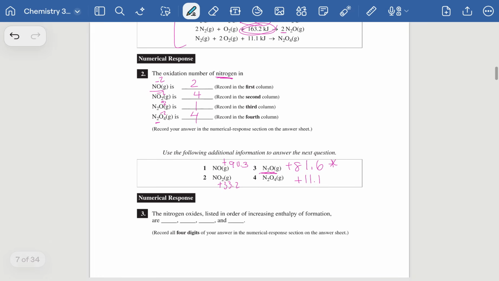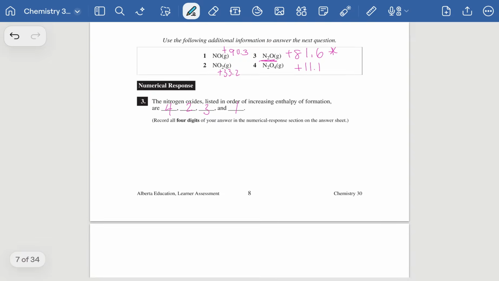And then increasing enthalpy, we're going from the smallest to the largest. So we have 4 and then 2. And then 3, and lastly 1. So figuring that out, looking at your data booklet, and just knowing those formations.